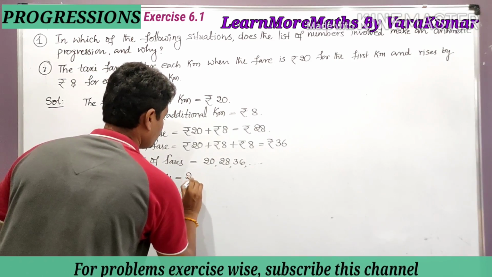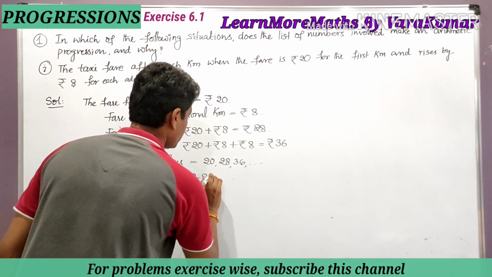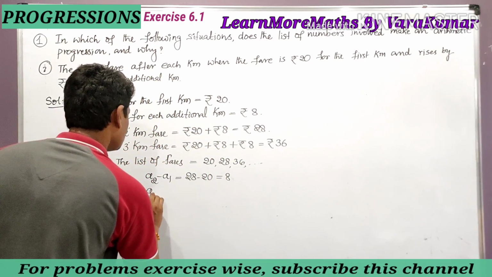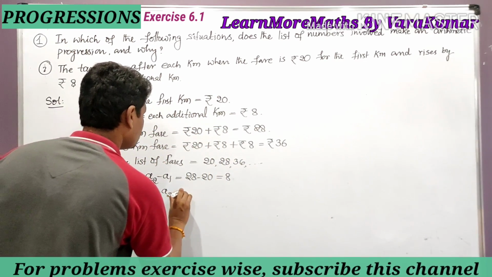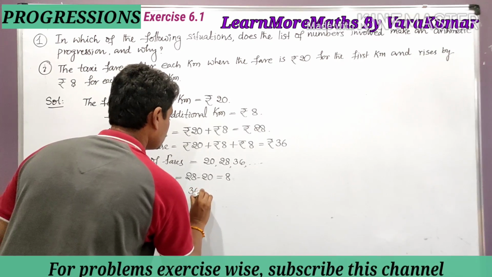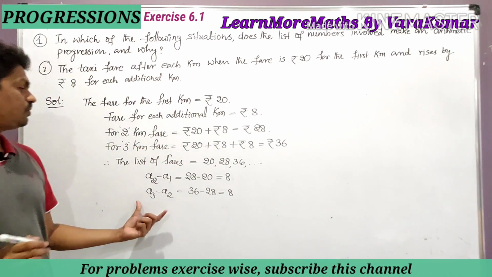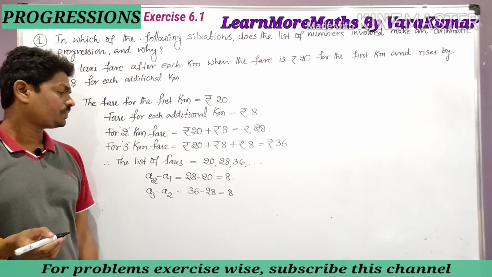A2 minus A1 is equal to 28 minus 20, which is 8. In the same way A3 minus A2 is equal to 36 minus 28, which is also 8. Therefore it forms an AP.